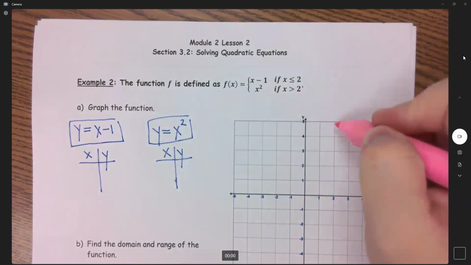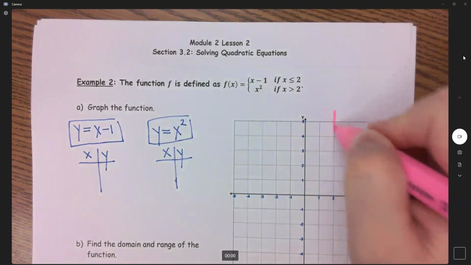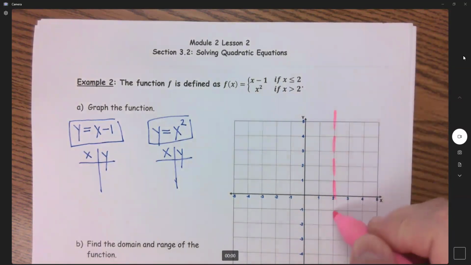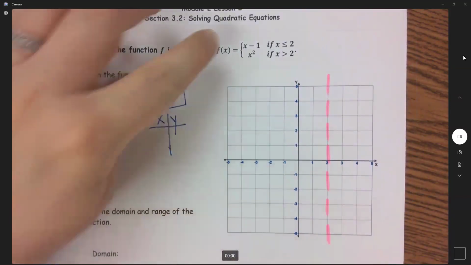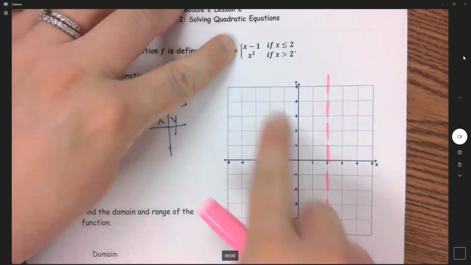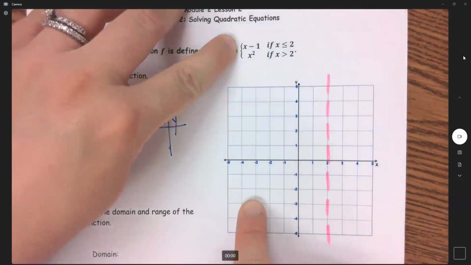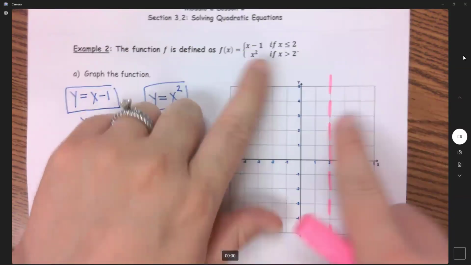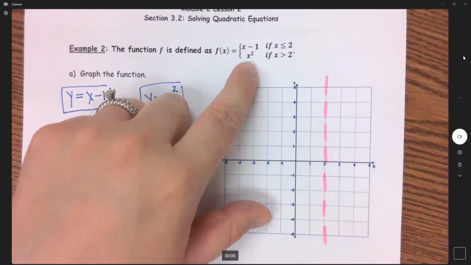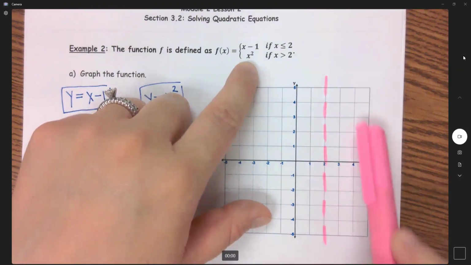So right here, I'm going to make some dashed lines. Here is where my graph is going to change, right? So to the left of 2, I'm going to have this linear equation of x minus 1. And then when x is greater than 2, I'm going to have this quadratic function, which is going to make that U-shaped parabola.